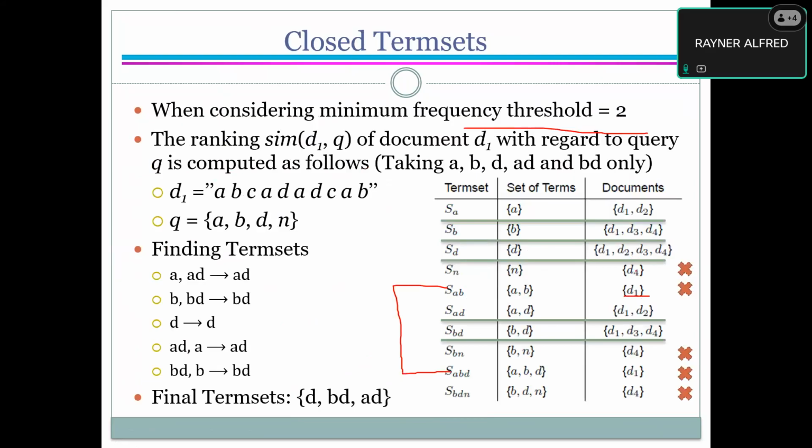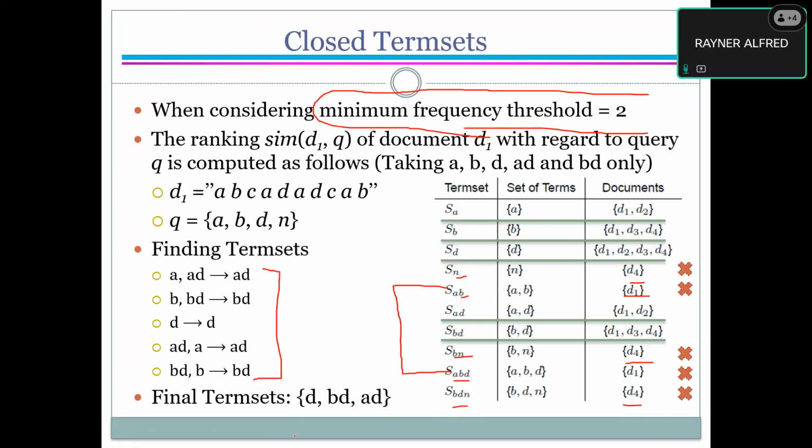And similar to D4 and so on, because they occur in only one document, because we have set the minimum frequency threshold. By that we eliminate these term sets, do not consider them, and then from there we build this based on what is left.